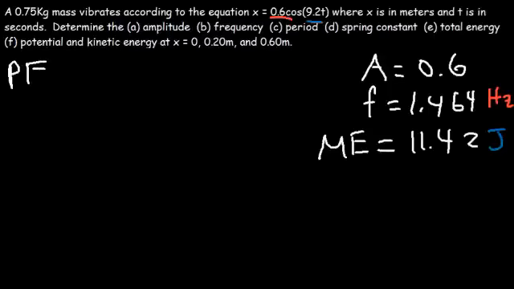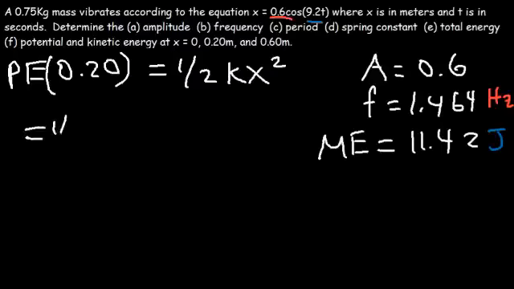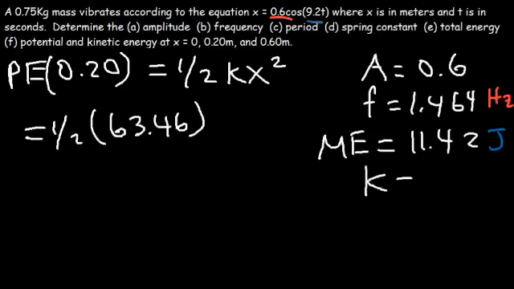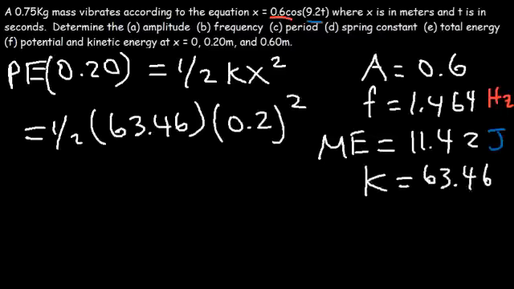So let's do it the fast way first. Let's find the potential energy when it's 0.2 meters from the equilibrium position. So we can use the equation 1/2 kx squared. So that's 1/2 times the value of k, which I forgot what that is since I erased the board, but let me recalculate it. So K was 63.46. Let me just write that here, just in case I need that again. And x is 0.2.